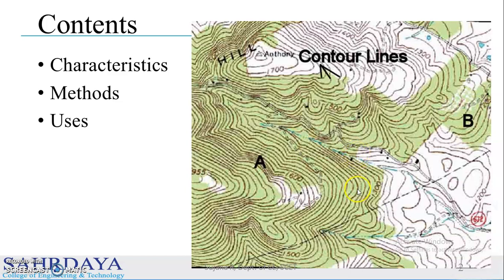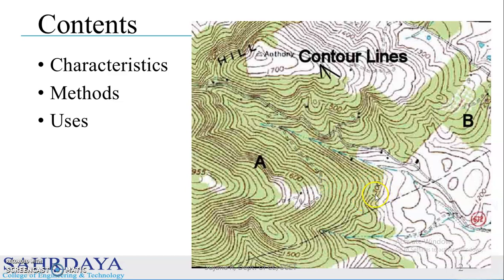Before getting into the main content, this given image is that of a topographic map, and in this topographic map you can see a number of curves over which we can see some digits. Those curves are nothing but the contours, and the digits written on them represent the elevation of a particular contour. If you take a single curve, whatever points fall on that contour will have the same elevation which is written on it.